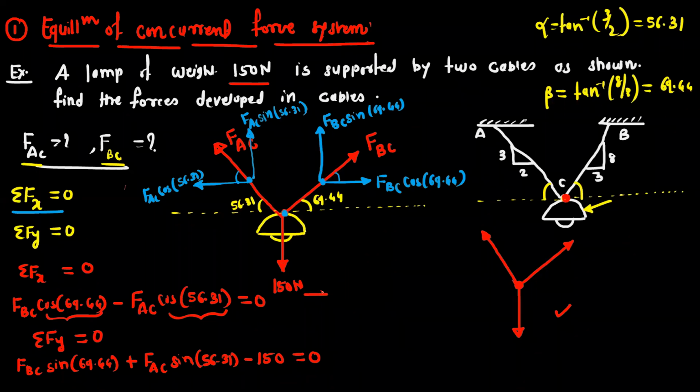This equation we can write as 0.35 FBC minus 0.55 FAC equal to 0.